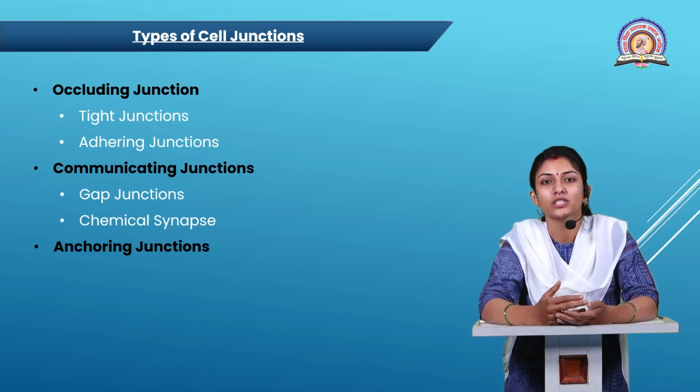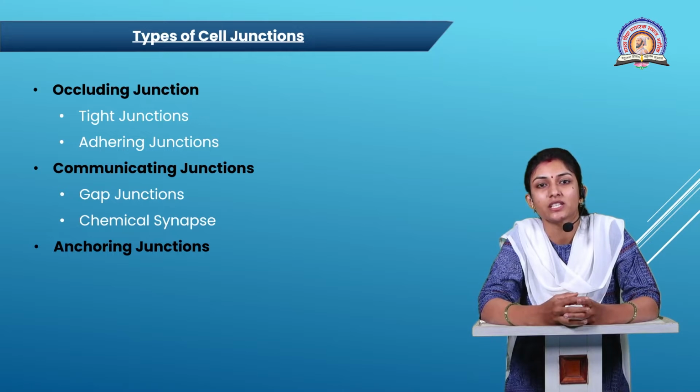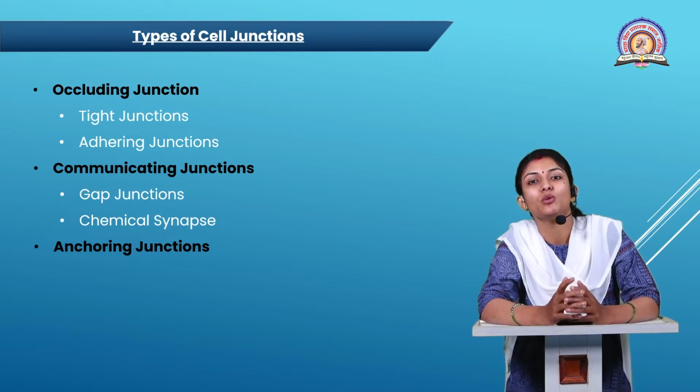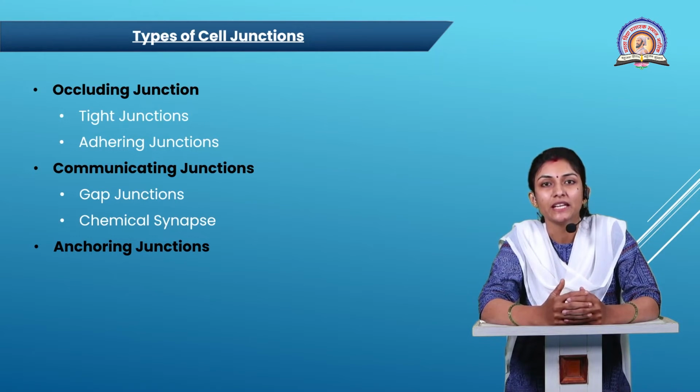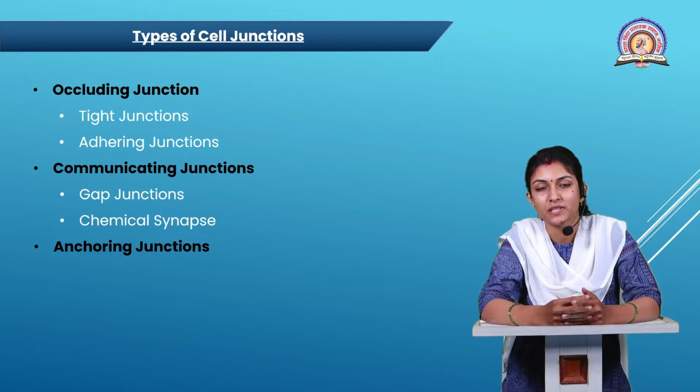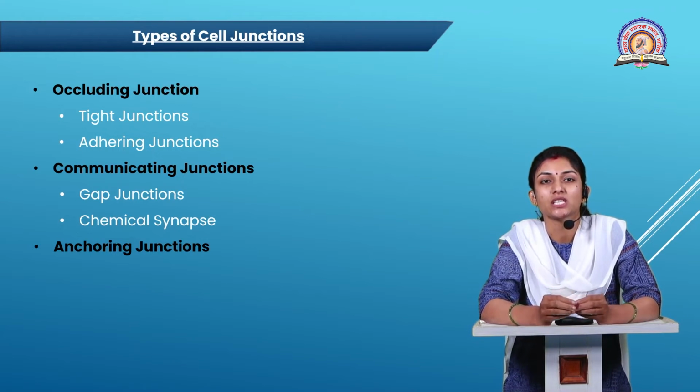Now, occluding junctions are of two types, tight junction and adhering junction. Occluding junctions function to prevent the leakage of different types of molecules. Communicating junctions are of two types, gap junction and chemical synapse, and they function in the transmission of signals and transfer of proteins or different types of molecules.